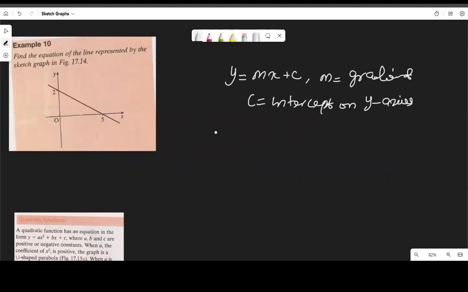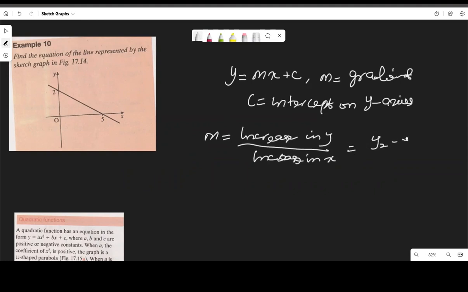So how can we get the gradient? Gradient is increase in y over increase in x. In other words, (y2 minus y1) over (x2 minus x1). But in this case, looking at the graph, as x increases, y is decreasing.